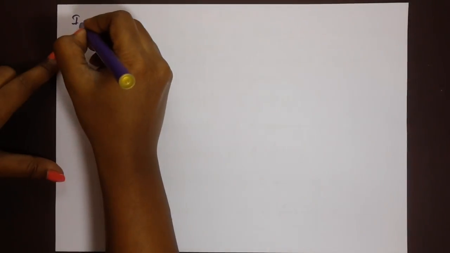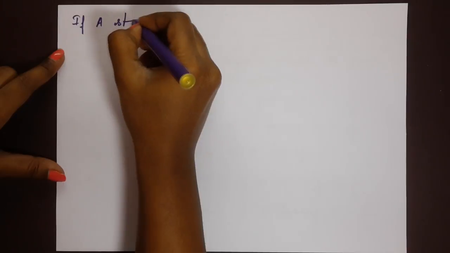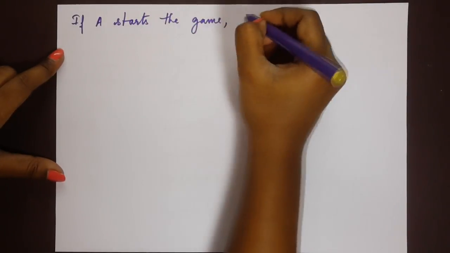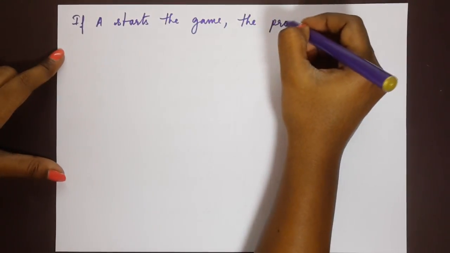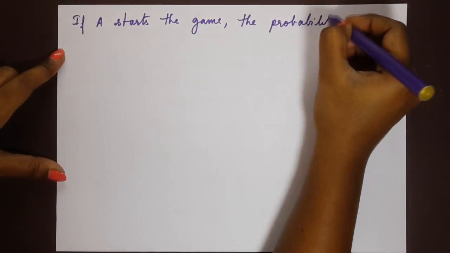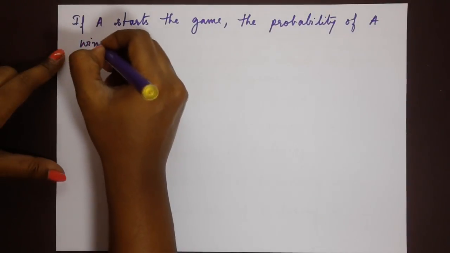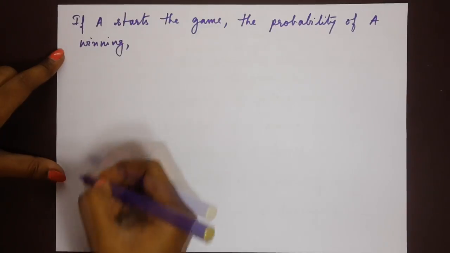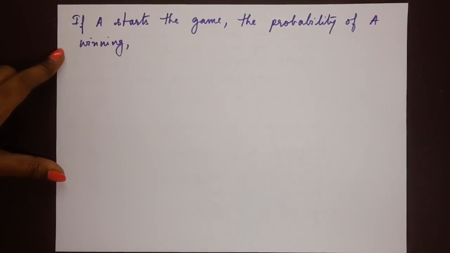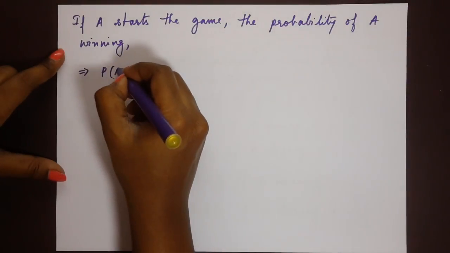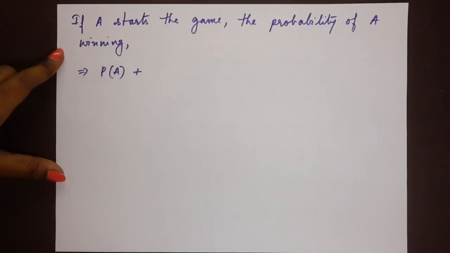So we have, if A starts the game, the probability of A winning. Now we have to take the alternately rolling of dice into this formula here. So this would be P of A. P of A is the probability of A winning.